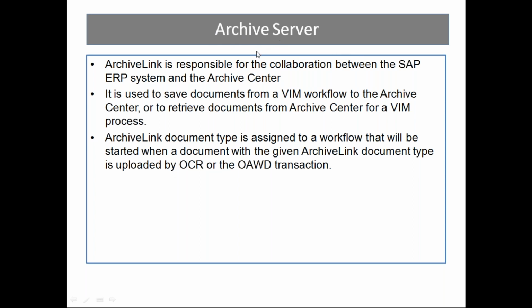This archive server will mainly be installed on a remote desktop server, on a Windows server. Once we have done all the configurations at the RBA server end, we proceed with the relevant configurations for archiving at the SAP end, and we integrate SAP with this RBA server. This is how the process will happen.